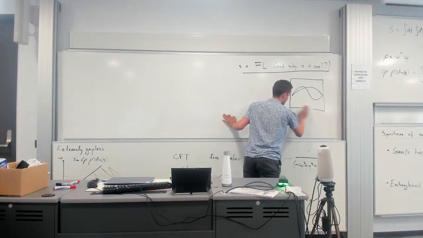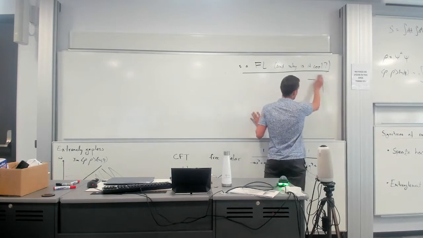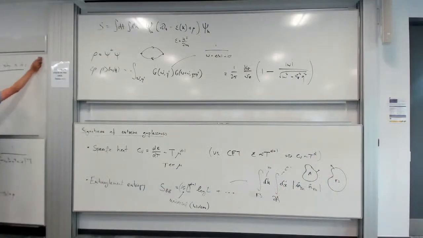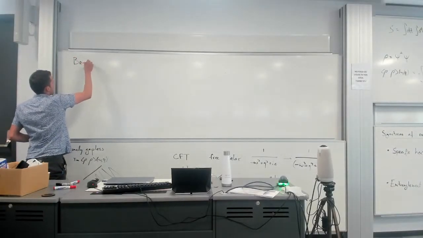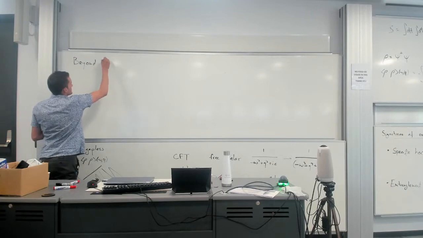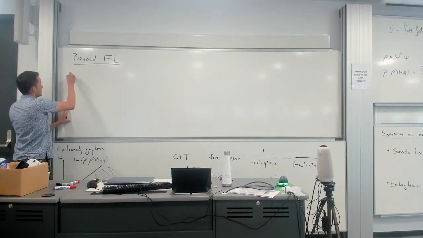A non-Fermi liquid is to a Fermi liquid as an interacting CFT is to a free CFT. There are several reasons to want to go beyond Fermi liquid theory and study non-Fermi liquids. In fact, I think there are two motivations that are basically independent.